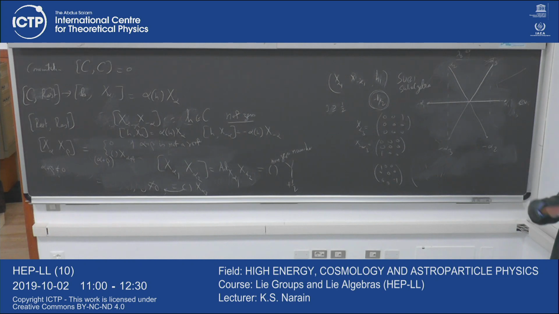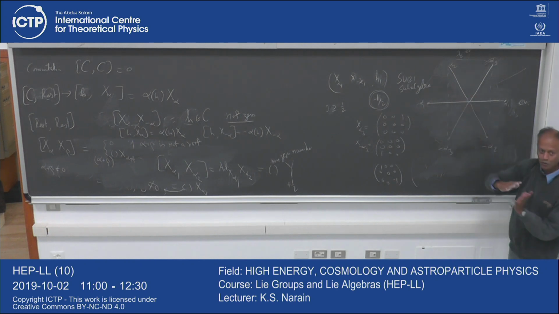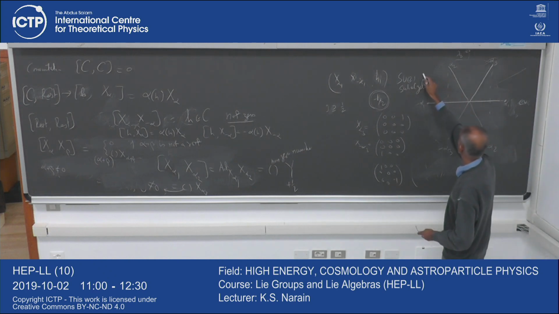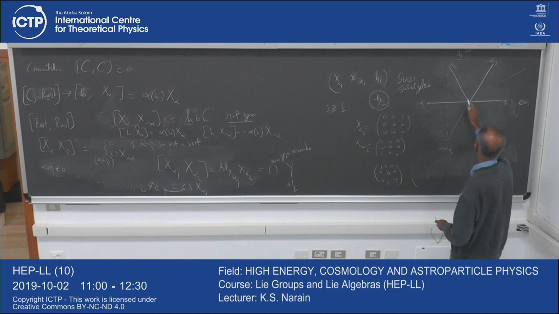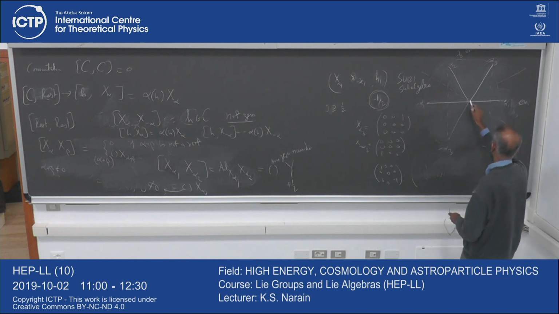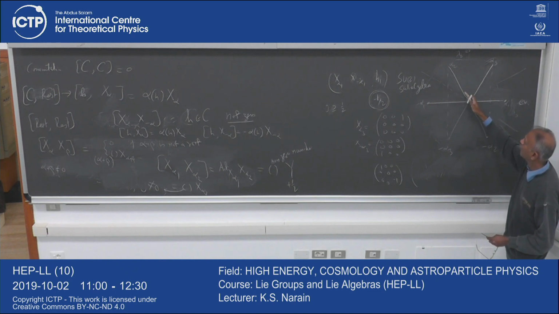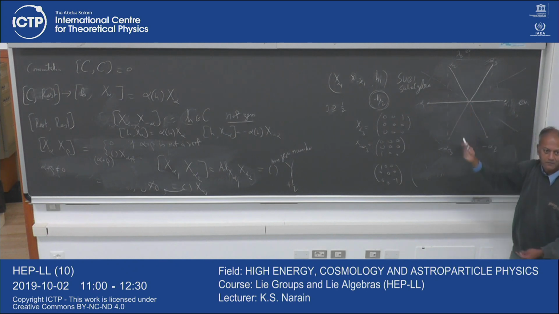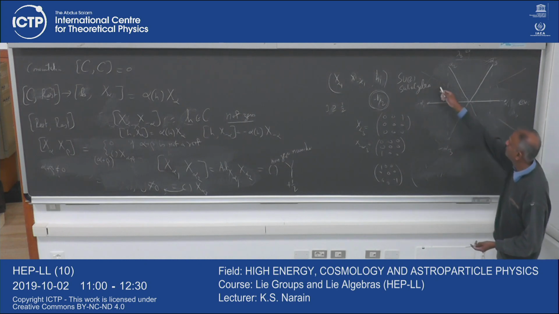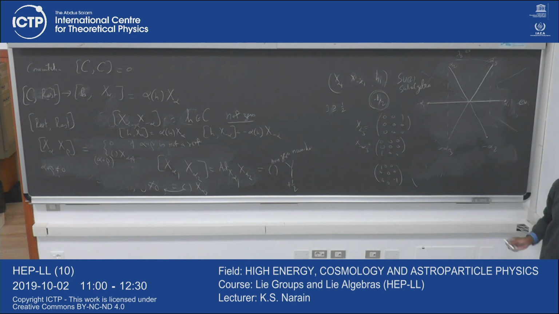In this case it's simple. You just take any line which passes through the origin, but the important point is this line should not overlap one of the roots. Of course there are an infinite number of ways of doing it, but you pick your own favorite line.